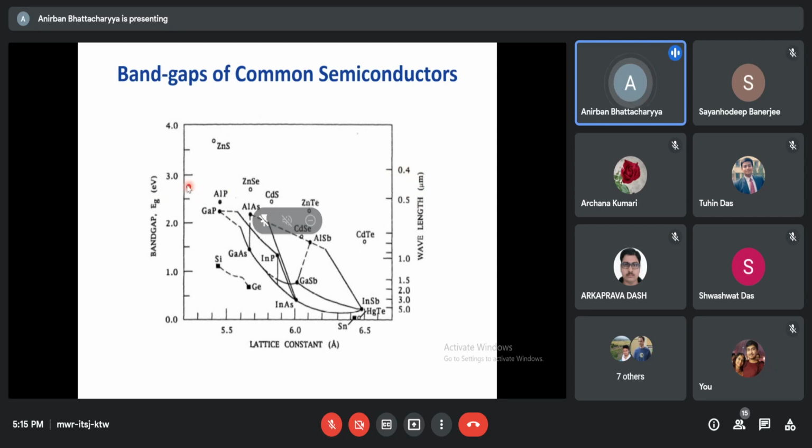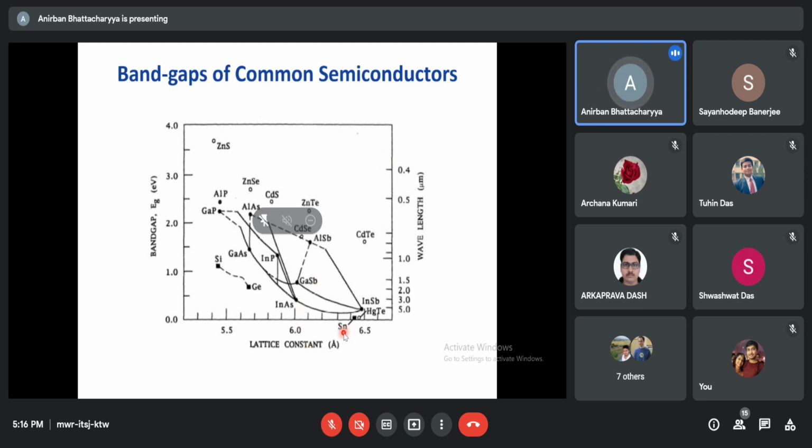Now, here comes this, 3 electron volts, which is 0.4 micrometers. And so, as the energy goes down, the wavelength increases. See that? Energy goes down, wavelength increases. Now, these are the important semiconductors, not all of them, some of them.